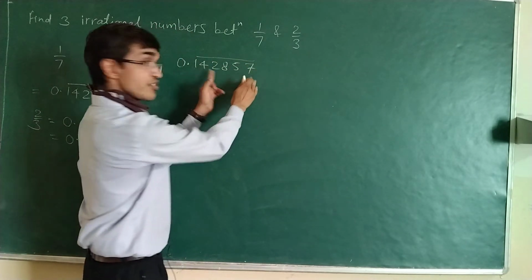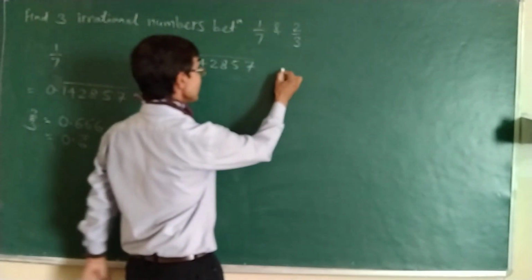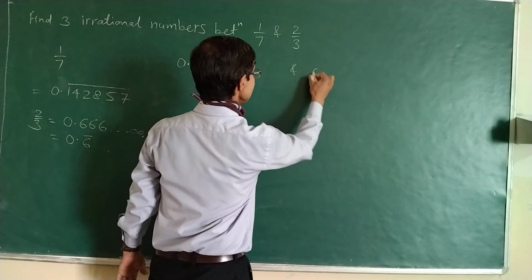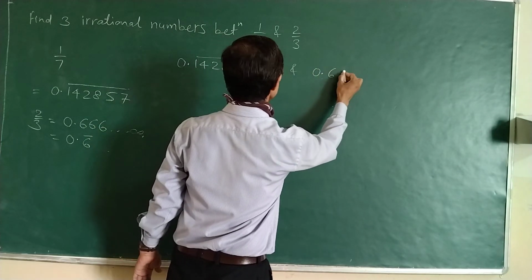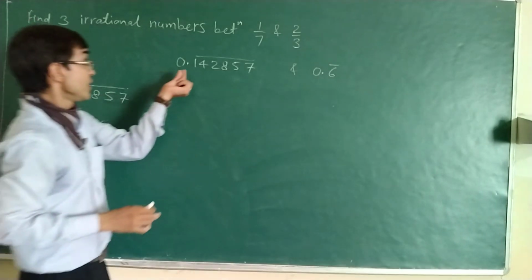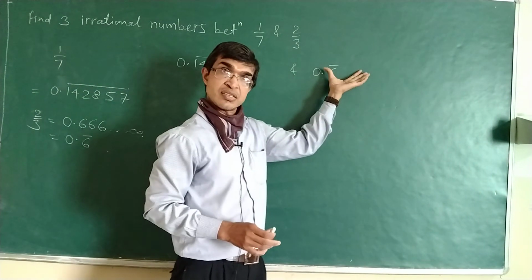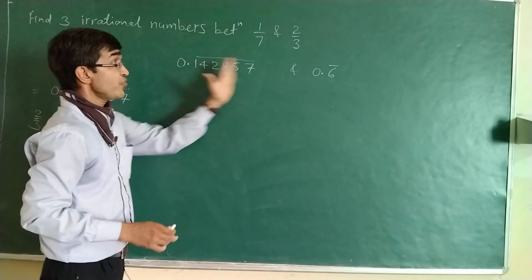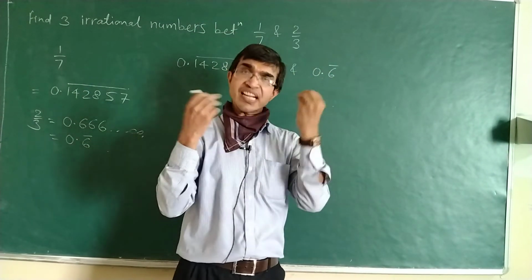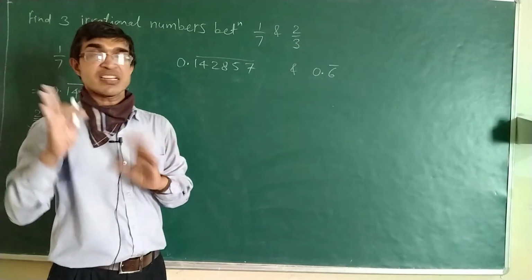After this again it is 142857, and the second is 0.6 and so on, 0.666, so 6 bar. Now just see here, 0.14 and 0.6. Between 0.14 and 0.6 there are infinitely many numbers, but what we have to find is irrational numbers.